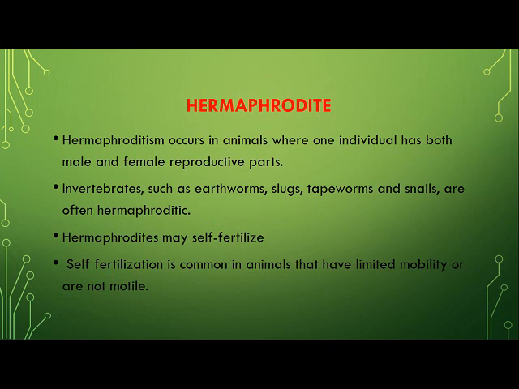In humans, sexual dimorphism exists, that is, the male and the female are totally different, whereas there are certain animals which have the capacity to produce both male gametes as well as female gametes. Common examples are earthworm, slugs, tapeworm and snails, and they may show self-fertilization, which is a common phenomenon where animals do not have the ability to move.